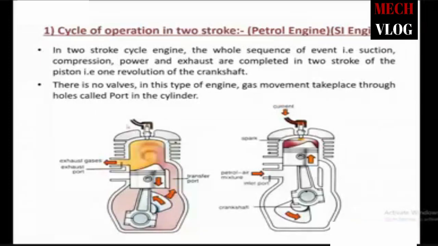Inside the crankcase we have fresh air fuel mixture. Due to the downward movement of the piston, the fresh mixture is pressurized and goes through this transfer port, and at the same time the exhaust port opens and the combustion gas is removed with the introduction of this air fuel mixture.